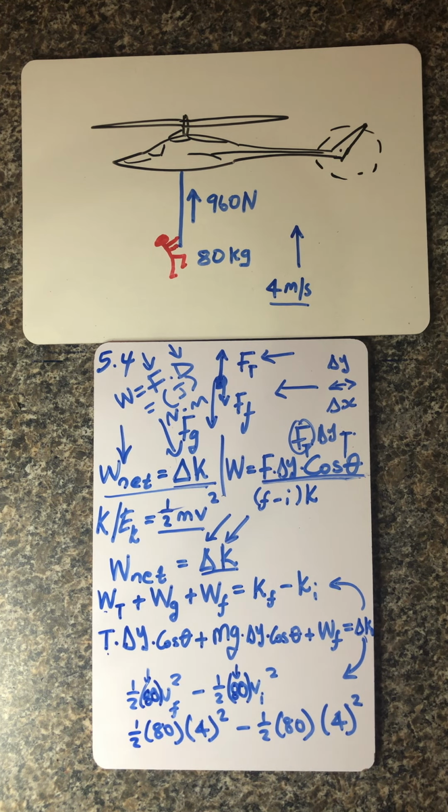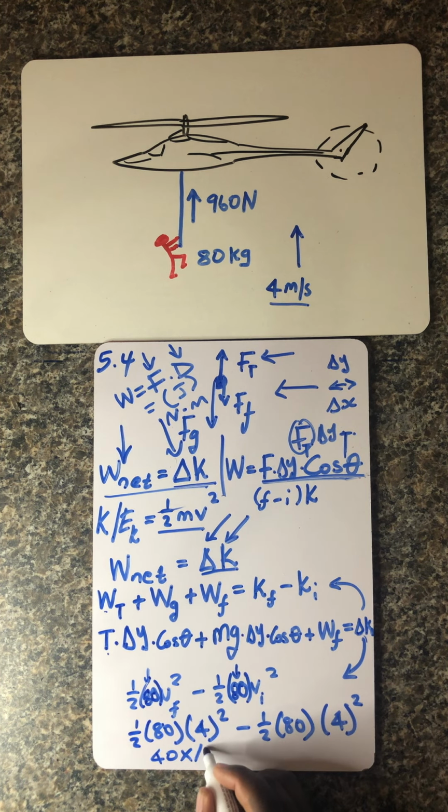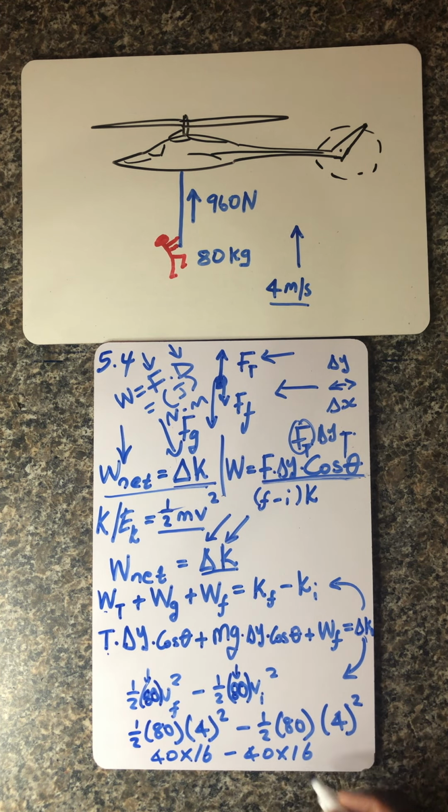I'm giving you a quick task, ladies and gentlemen. Please punch all of this, minus all of this, and tell me what answer you get. Okay, obviously I know this is half of 80, which is 40, multiplied by 4 squared. It should be something like 16. Then it's 40 times 16, you subtract 40 times 16.